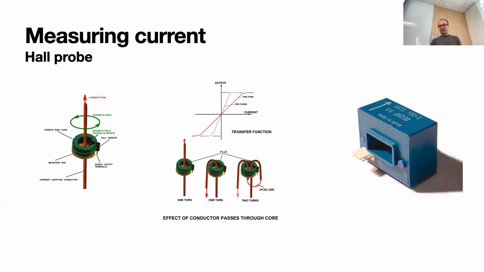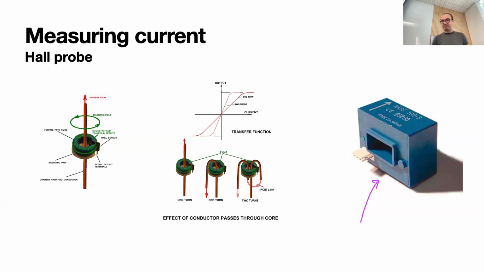Being all here either chemists, material scientists, or electrical engineers, we all know what the Hall effect is. It's the induction of an electromagnetic field around a conductor that carries current. So the sensor is like this blue rectangular ring. You put the cable through it, and it can sense current.